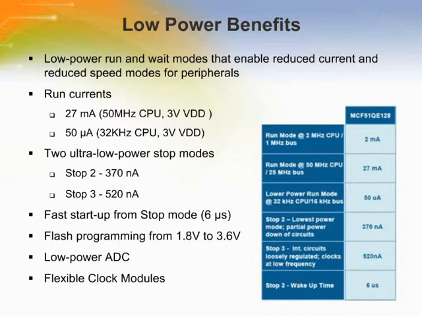It also shows Stop 2, the lowest power mode, with dissipation of 370 nanoamperes for both devices. Stop 3, another low power mode, and finally the wake-up time from exiting Stop 3 as 6 microseconds for the MCF51QE128 device.